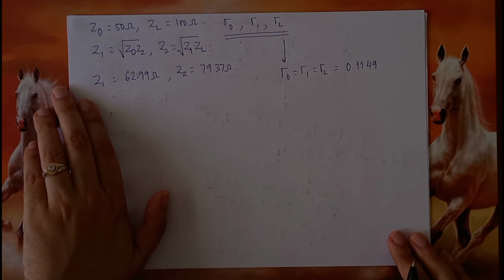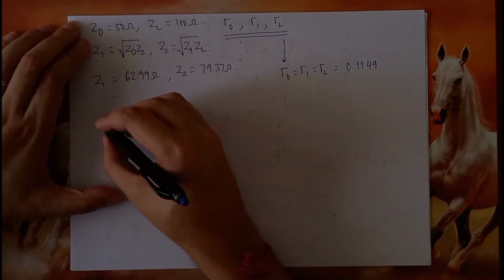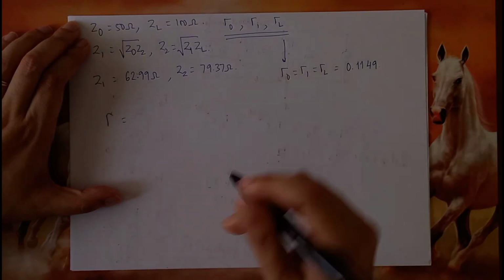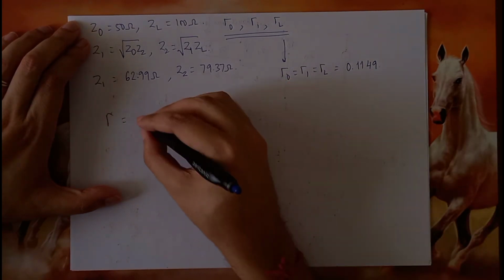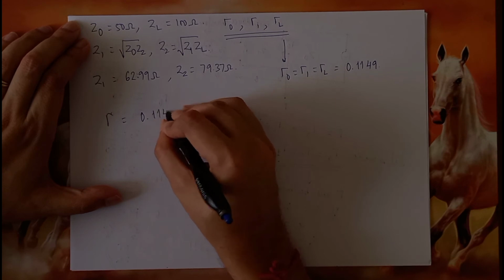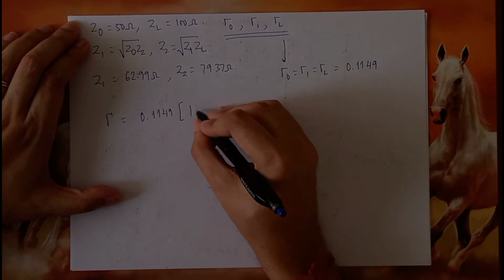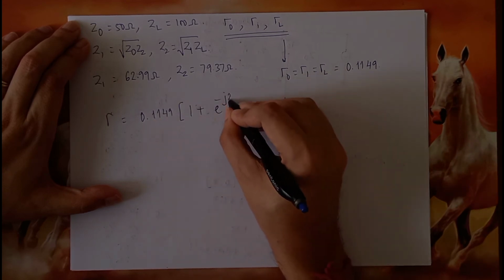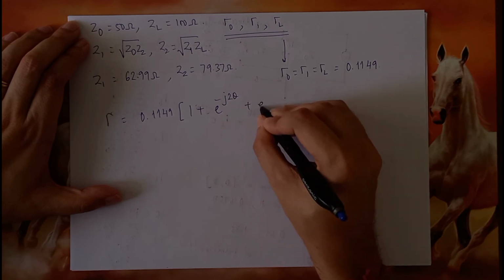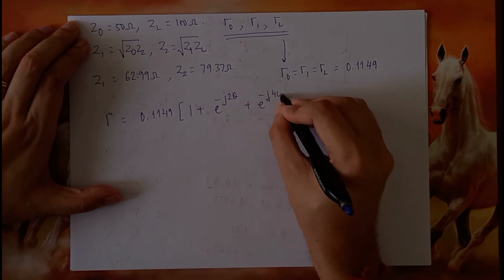So now if I try to write the expression for gamma as a function of all of these, it will be something like this: 0.1149 times 1 plus e raised to minus j 2 theta plus e raised to minus j 4 theta.